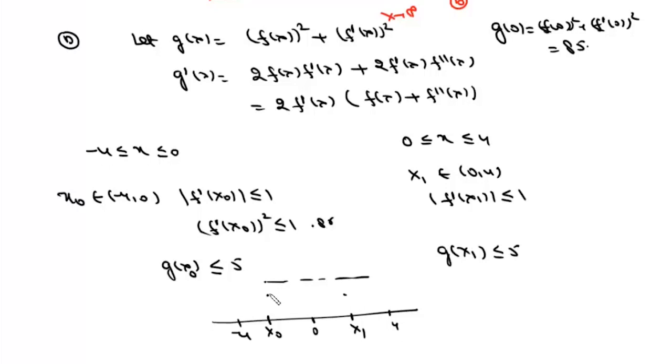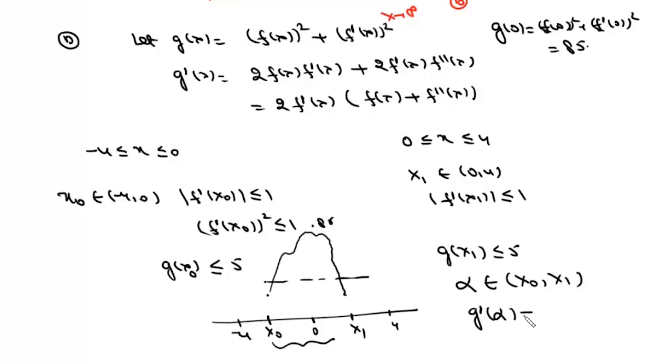So this function will increase and decrease in some way, and then this value is going to come back to this lowest value. Now, since this function is continuous and differentiable, there exists at least one point alpha in the interval x0 to x1 where g'(alpha) is equal to 0.